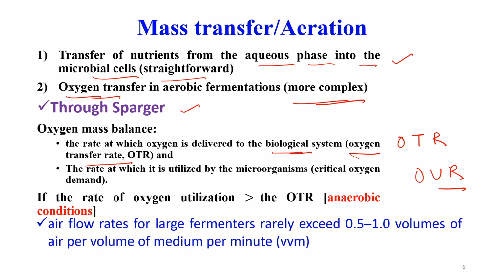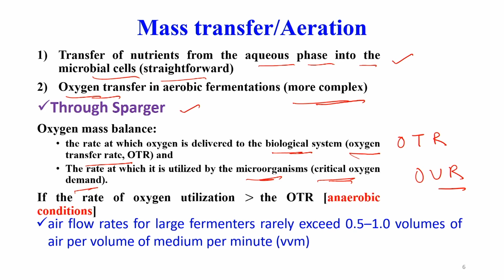In addition, there is one more term we will be discussing, critical oxygen demand. This is linked with oxygen uptake rate or oxygen utilization rate that we will be discussing in the next slides.